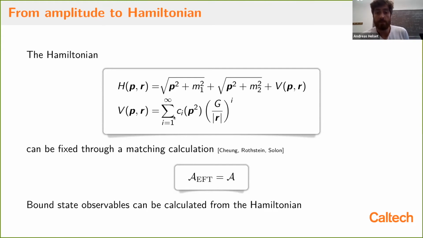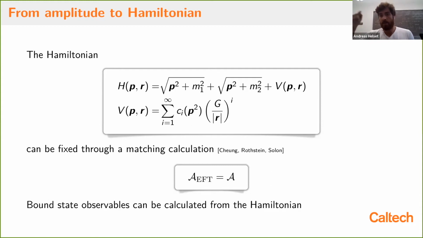One way to fix them is by doing a matching calculation, matching this Hamiltonian to the amplitude we calculate from scattering amplitudes, and that will fix these coefficients for us. And once we have this Hamiltonian, we can then use it to calculate bound state observables.